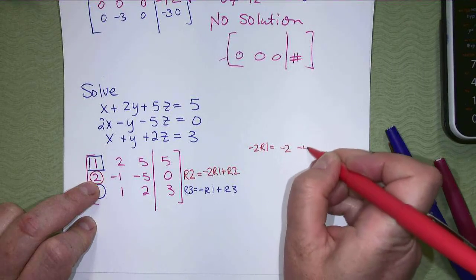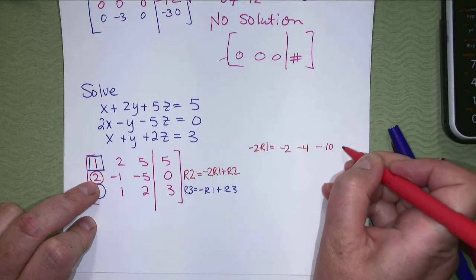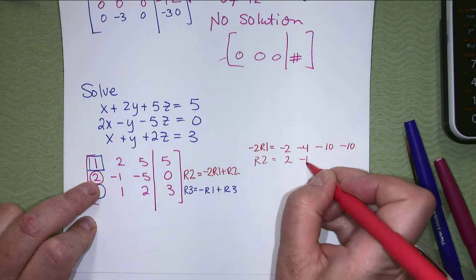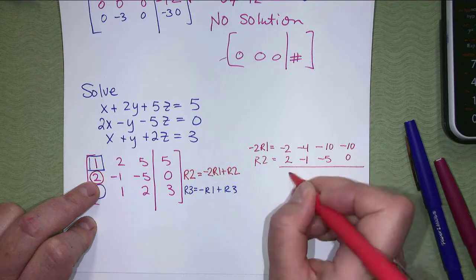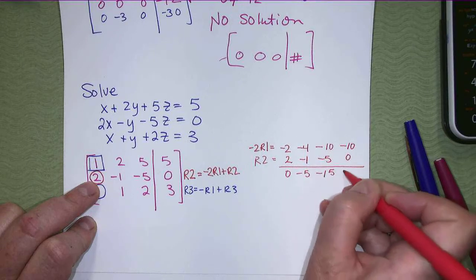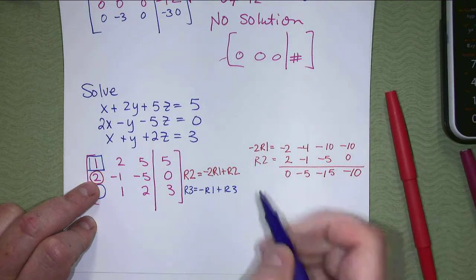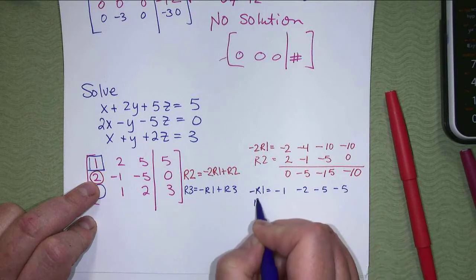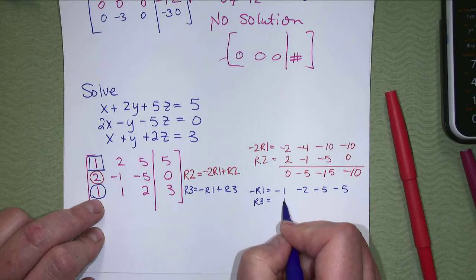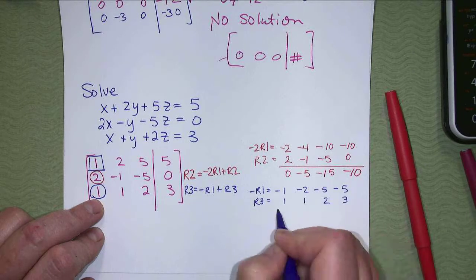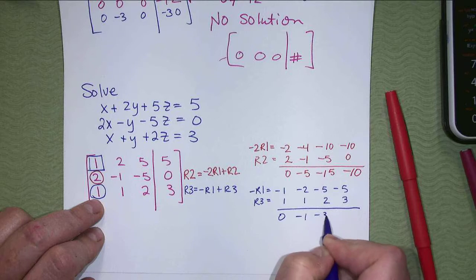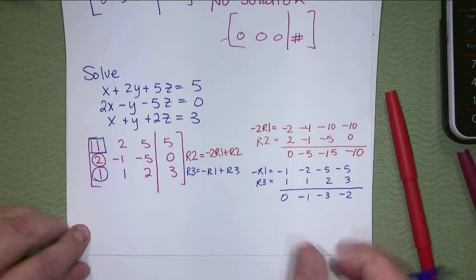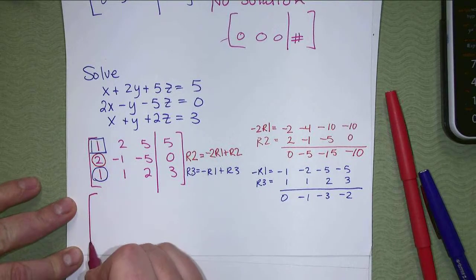It's usually a sign error. So we didn't change row 1.